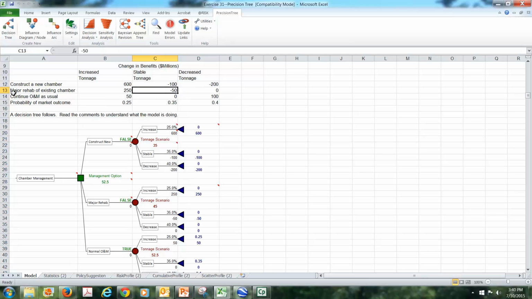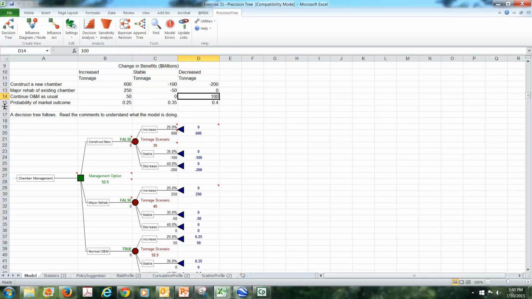If we have a major rehabilitation of the existing chamber, but tonnage is stable, then over the future we will lose $50 million in benefits. If we continue operation and maintenance as usual and there's decreased tonnage, we would gain $100 million in benefits. The numbers are entirely made up.